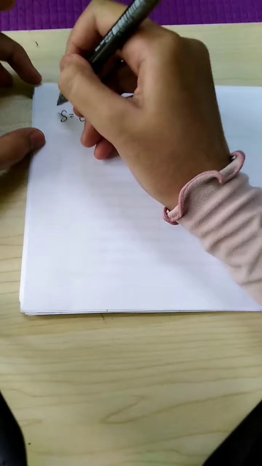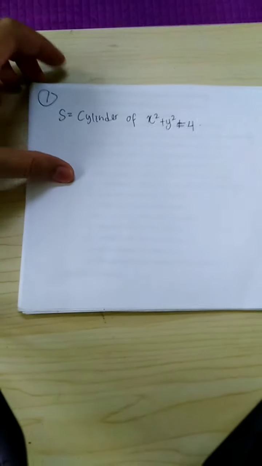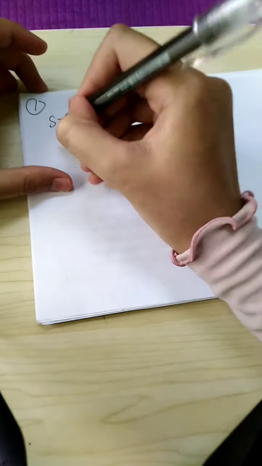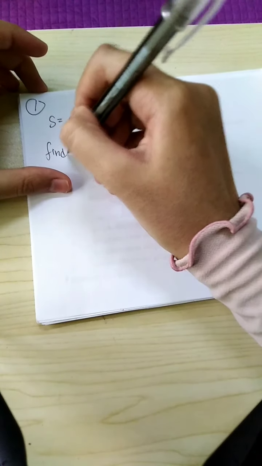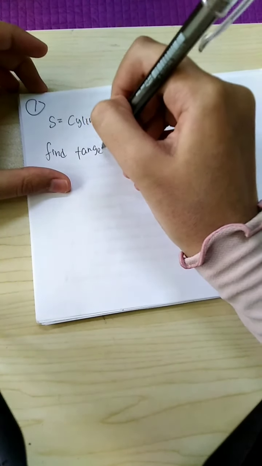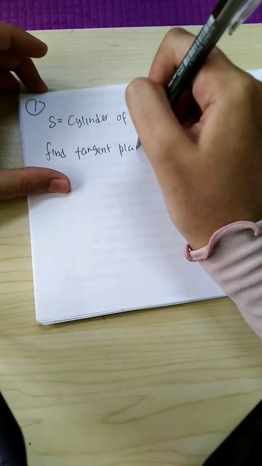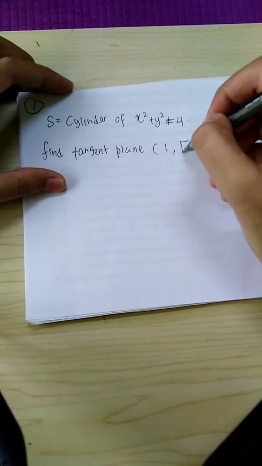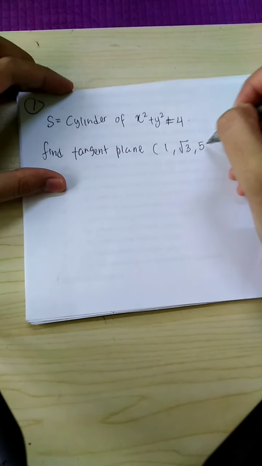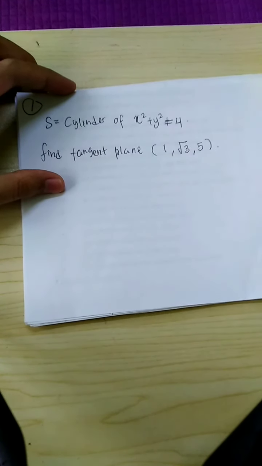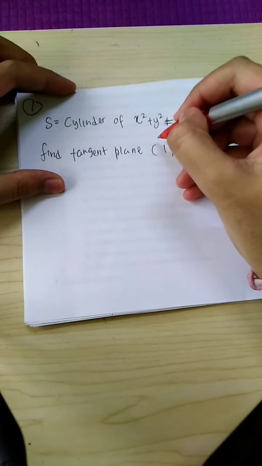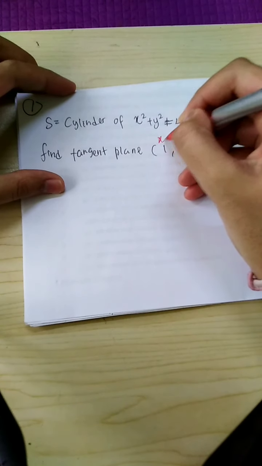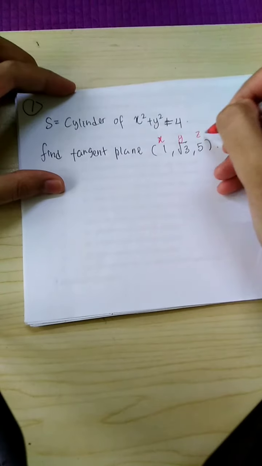By the way, this first example is a guided one, so we have to find the tangent plane at the point (1, 3, 5). First, we identify that these are x, y and z.